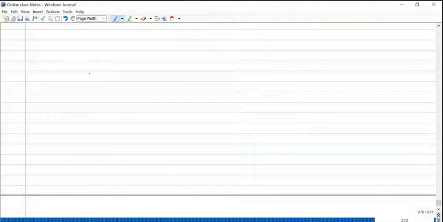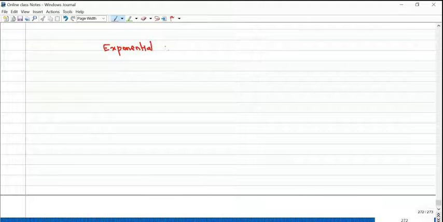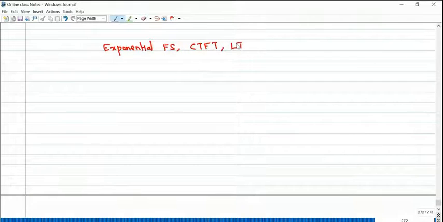In general, exponential Fourier series, continuous time Fourier transform, Laplace transform, then discrete time Fourier transform, Z transform.